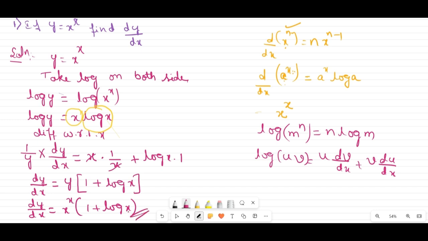This is the final answer. Taking the log and applying the property gets you 1 mark. After differentiating and finding dy by dx, you get another 1 mark. This carries 2 marks.